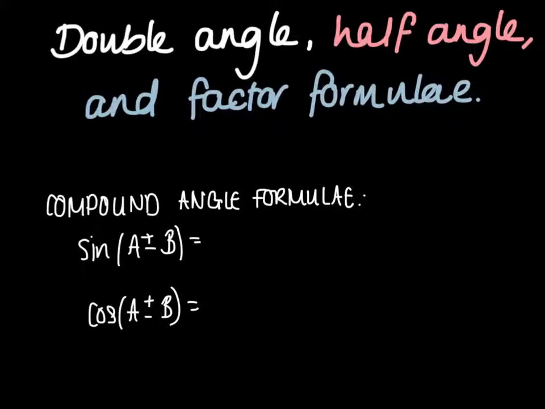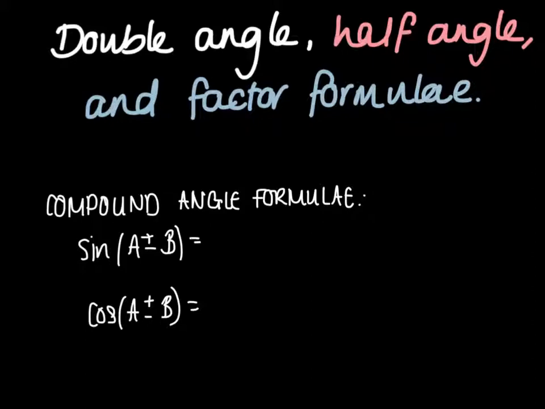I'm just going to look at sine of a plus b and a minus b, and cos of a plus b and a minus b. I'm not so interested in tan. Hopefully you had some fun attempting to derive that formula, but I'm actually more interested in sine and cos at this stage.